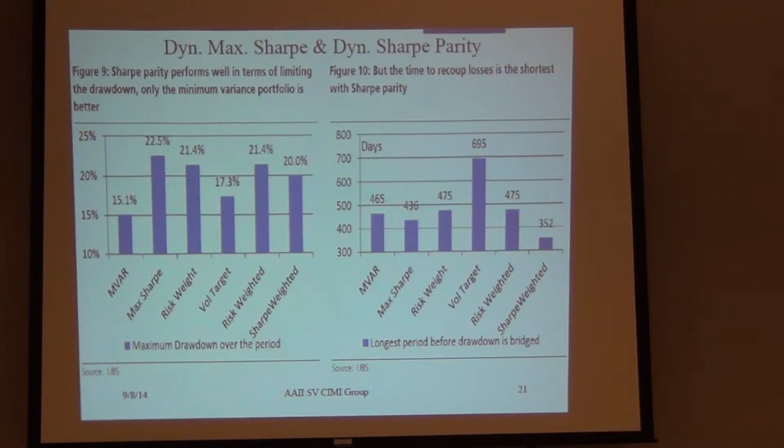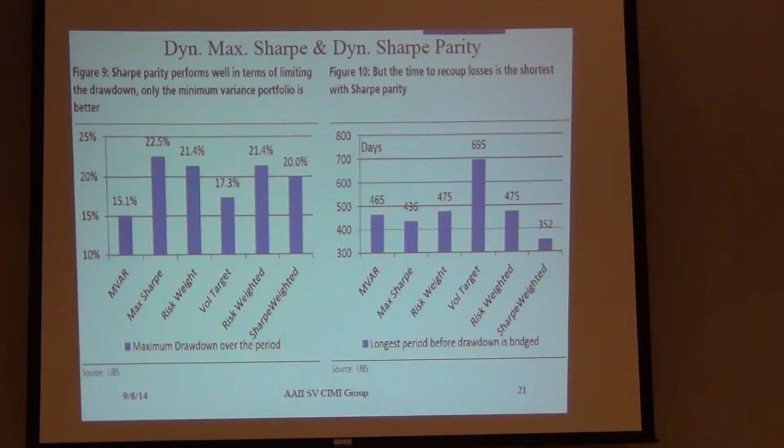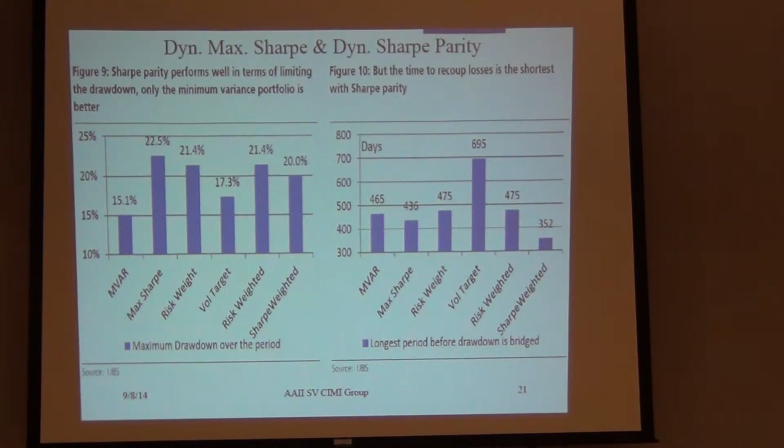However, one of the things they talk about is when you have a deep dive with a MinVar type portfolio, simply because you don't make a lot of money, it takes you a long time to recover. So they talked about recovery times here. And guess what? Because you tend to have a lot of gain, your Sharpe weighted has a better recovery time.